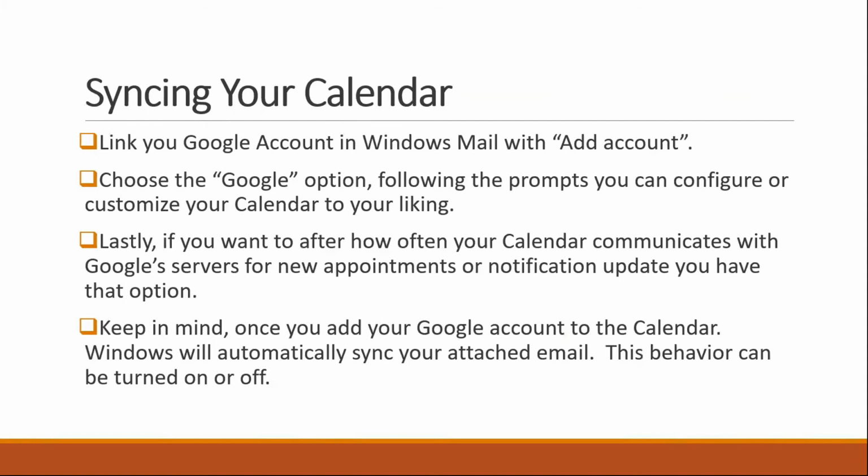But keep in mind, once you add your Google account to the calendar, Windows will automatically sync your attached mail. That can be turned off, but be aware of that if you all of a sudden start getting duplications of your mail, it's because it's bringing in your Google Mail, your Gmail, as well.